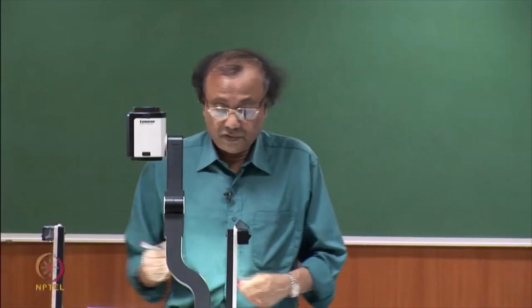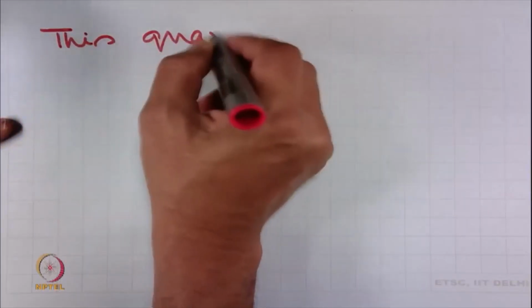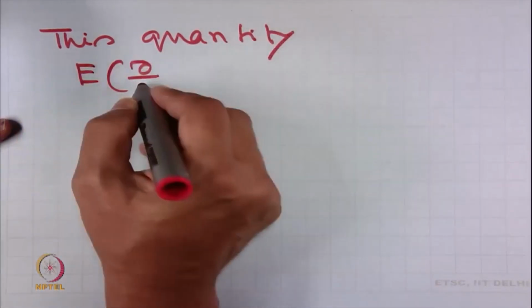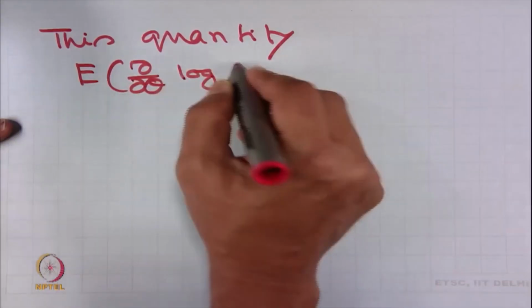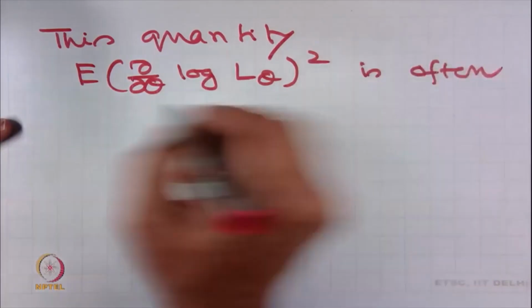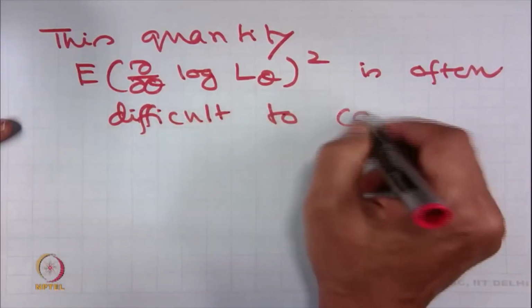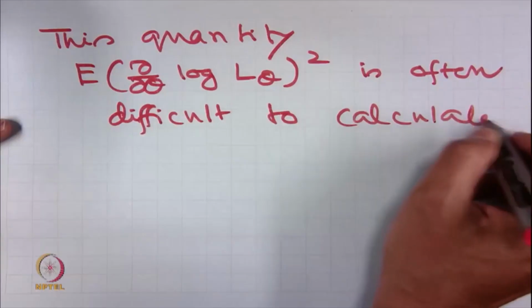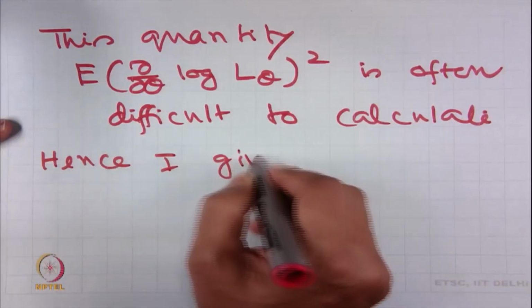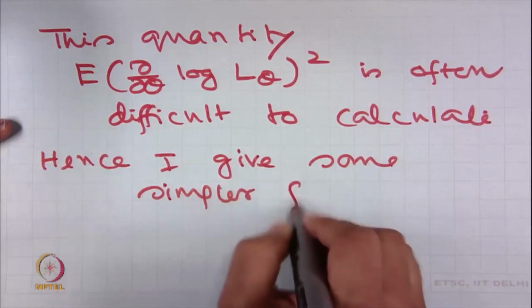Now, this quantity, expected value of del theta log L theta whole square, is often difficult to calculate. Hence, I give some simpler form.